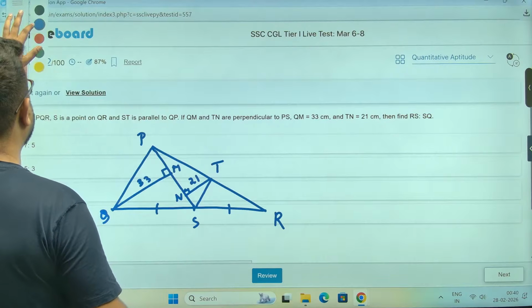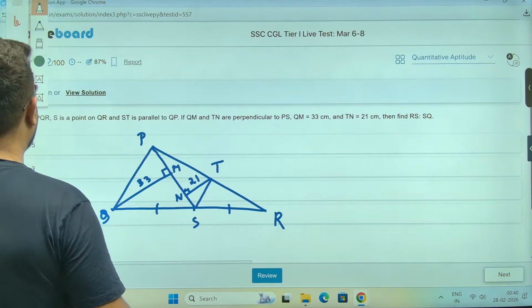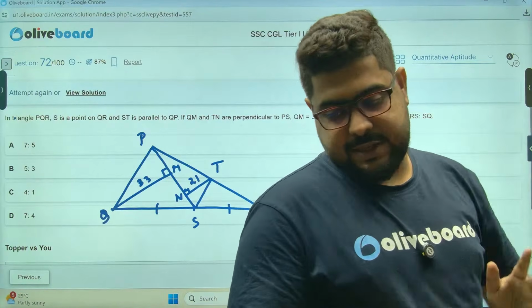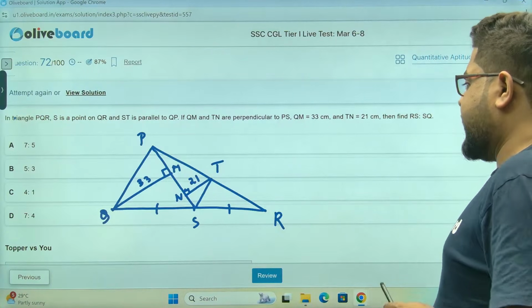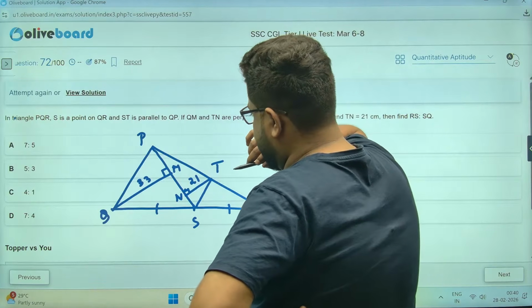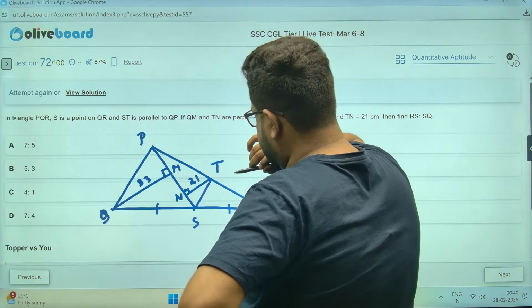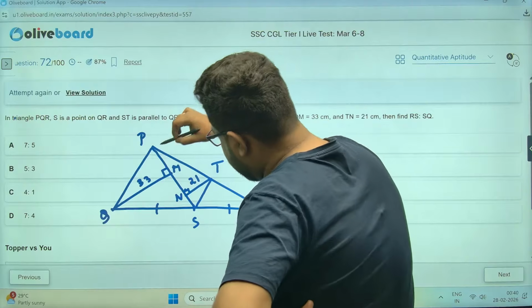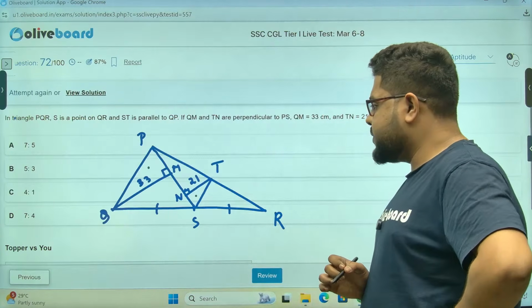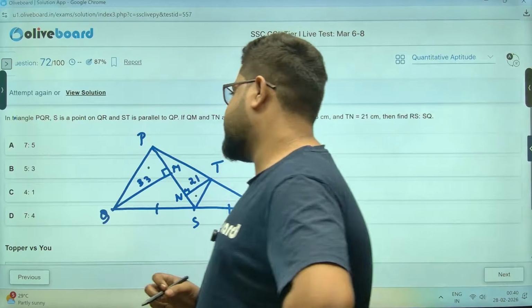Got it, sir. Similarity. 100% similarity, but again, I need to figure out which triangles. Taking 90-degree triangles, so let's take this triangle with this triangle, because that is only two angles I can see for certain.